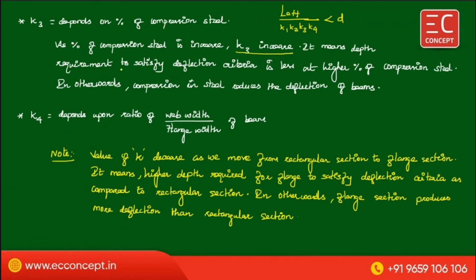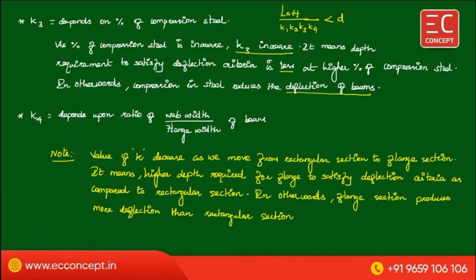It means the depth requirement to satisfy the deflection criteria is less. The depth will be reduced at a higher percentage of compression steel. In other words, compression steel reduces the deflection of the beam.